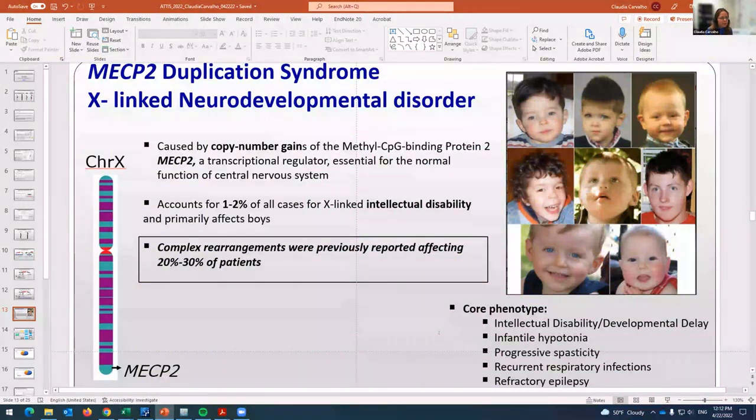This is a transcriptional regulator that is essential for the normal function of the central nervous system, affects mainly boys, and accounts for 1 or 2% of all cases of X-linked intellectual disability. We decided to study these patients because it was already shown that complex rearrangements contribute to about 20 to 30% of the patients with this disease.